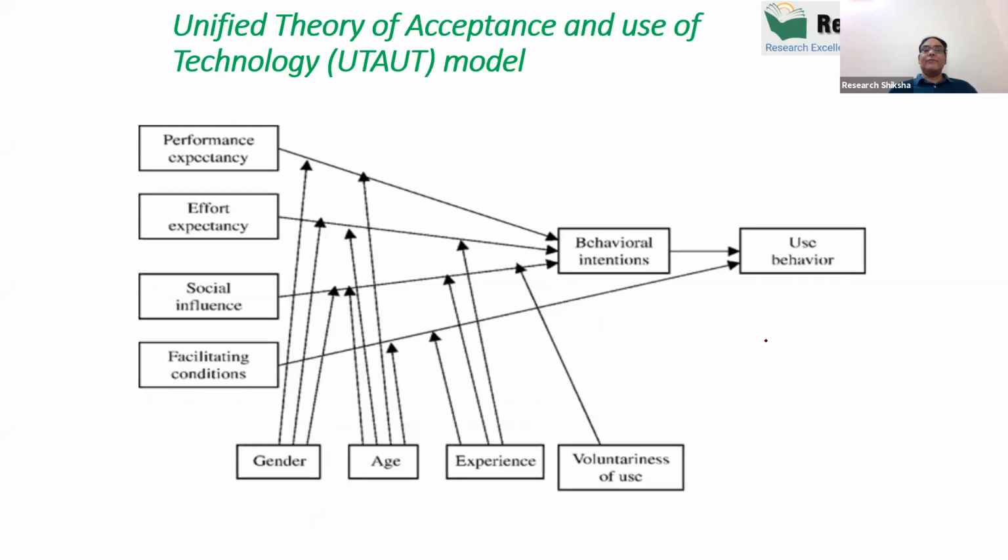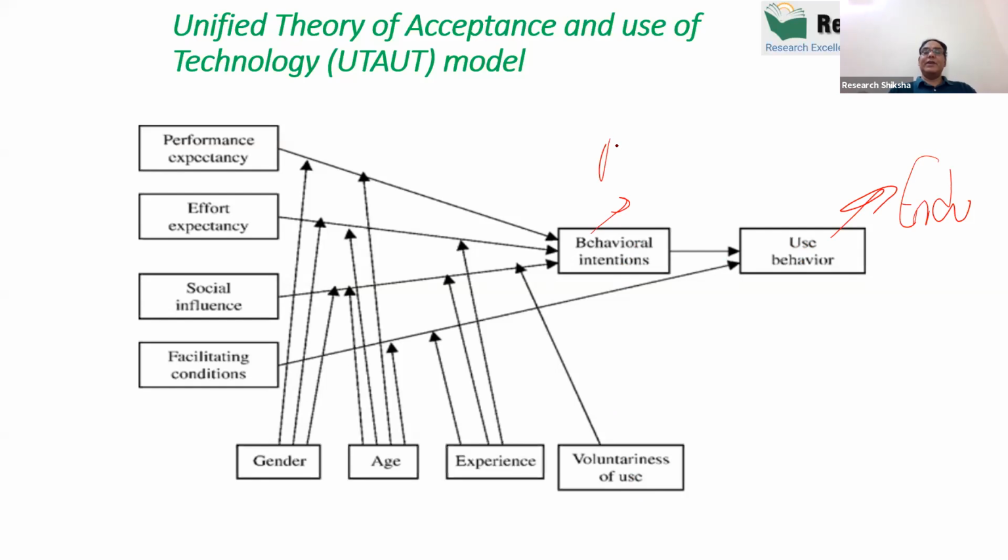Then this is the most popular theory which has been emerging in the last few years, and this theory is known as the UTAUT model, and there are different versions of the UTAUT model, and this version is the latest or modified version of the TAM, technology acceptance model. In this theory, which is also applicable to technology adoption, behavioral intention of using the technology and continuing to use the technology is my dependent variable. This is called endogenous.